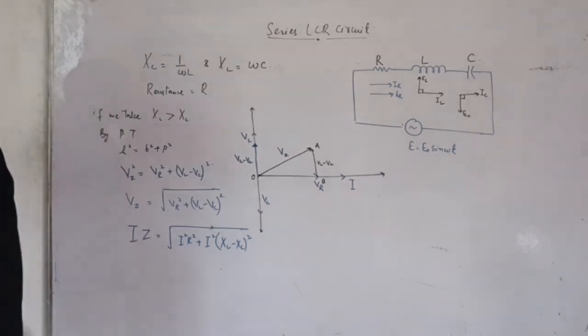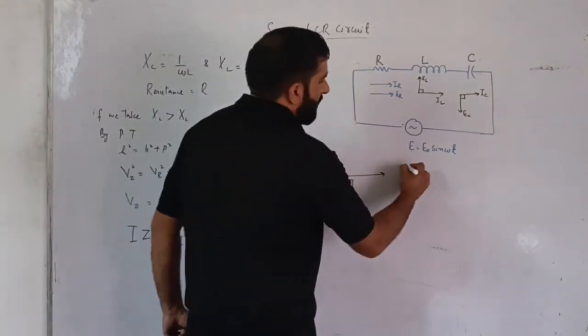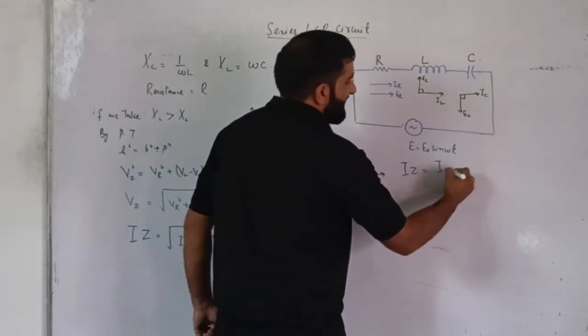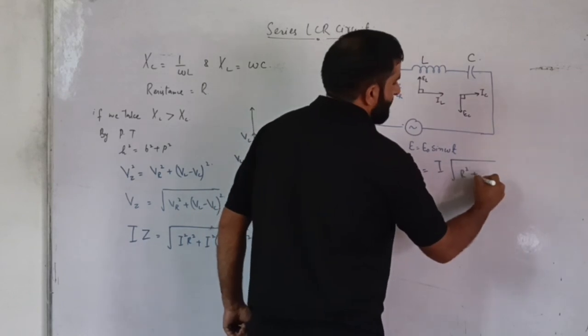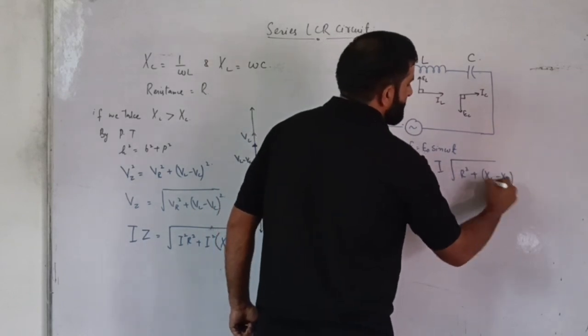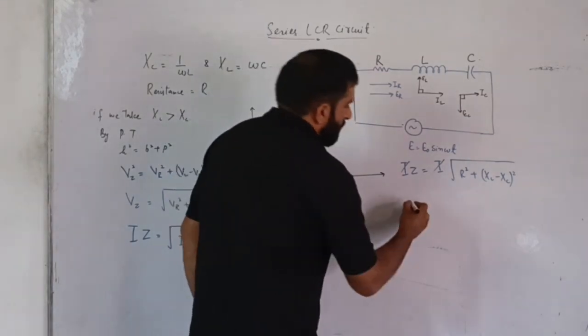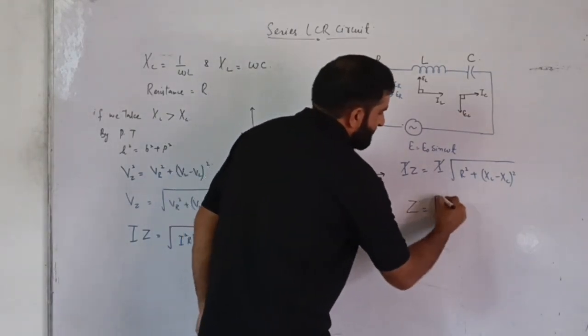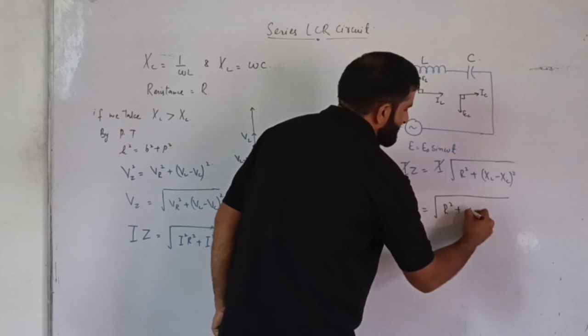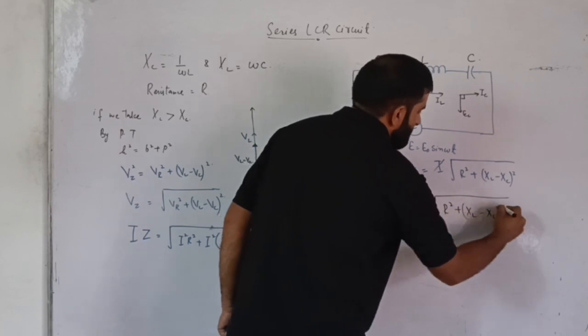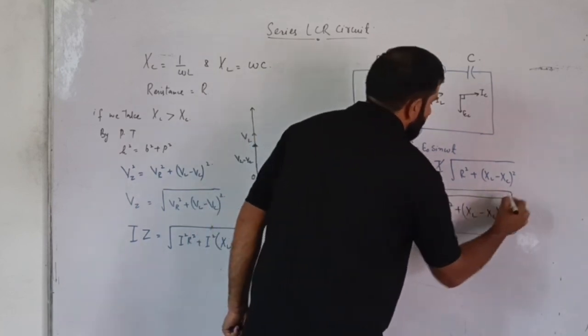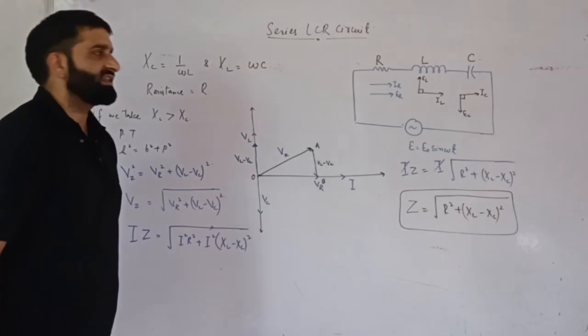Taking I square out of the root, it becomes I. That means IZ is equal to I into root of R square plus XL minus XC whole square. I and I cancel. So we have the impedance Z equal to root of R square plus XL minus XC whole square. This is the resultant impedance of the series LCR circuit.